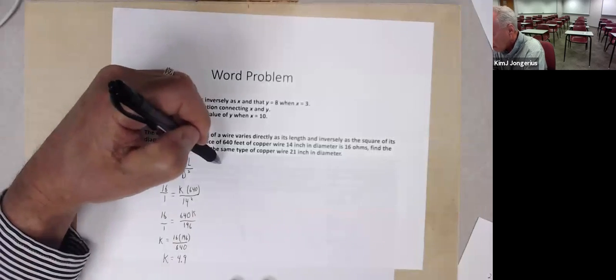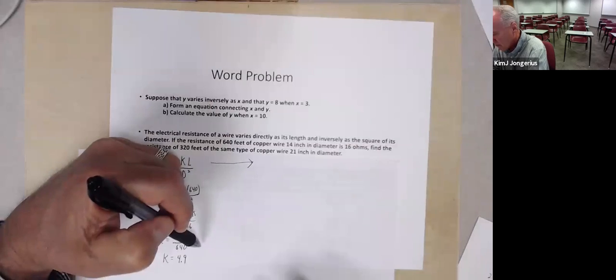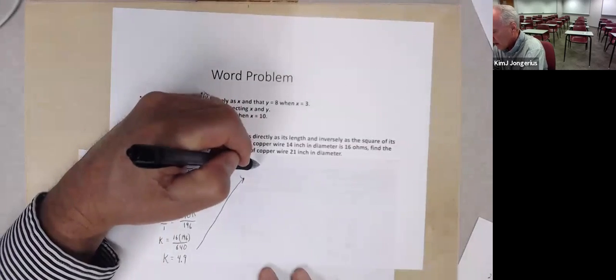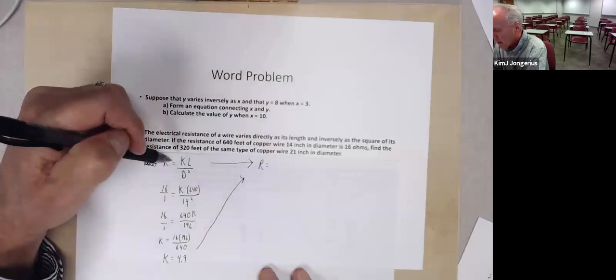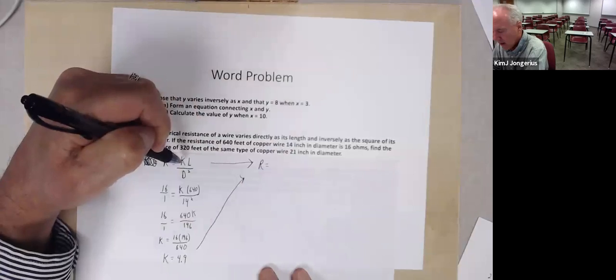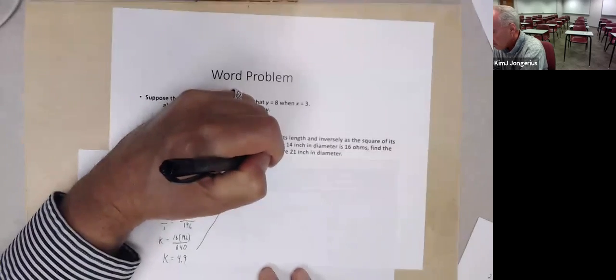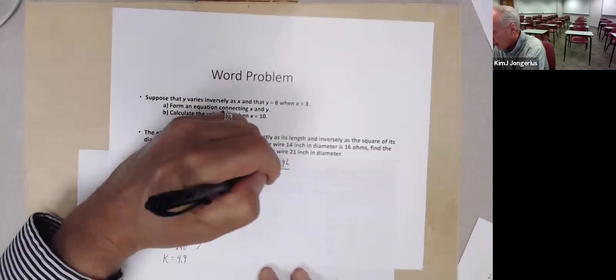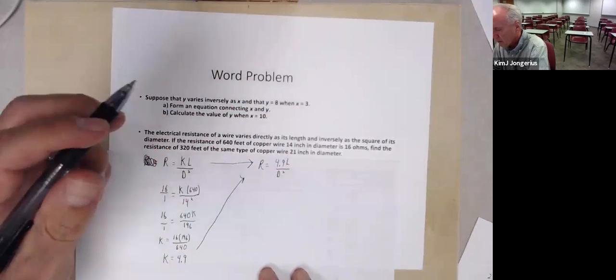K would then turn out to be 4.9 in this case. So I now put these two together. And my equation now becomes R equals, instead of the K, I'm going to put 4.9 times L divided by the diameter squared.